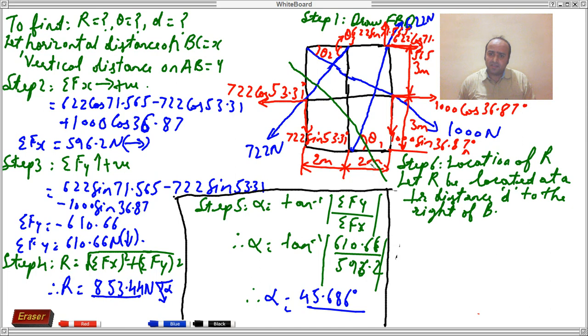So this will be R, and let this perpendicular distance, if we consider, this will be the perpendicular distance d to the right that we have considered of resultant. So now by Varignon's theorem, we will be going ahead.